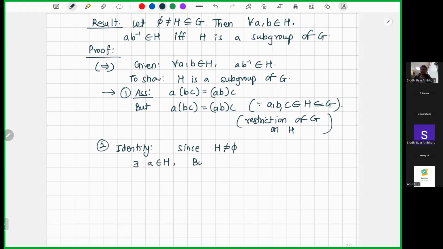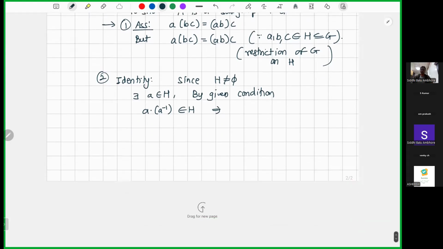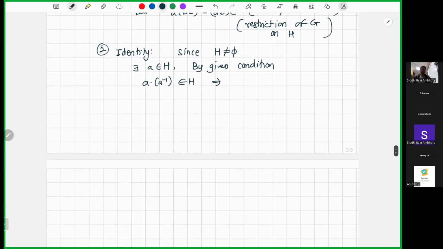So by the given condition, this A times A inverse belongs to H. But note that this multiplication A A inverse is multiplication from my group G. So this A A inverse is E, and this belongs to H. So identity is there.